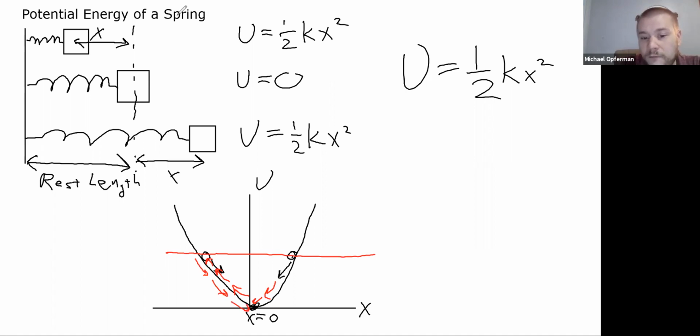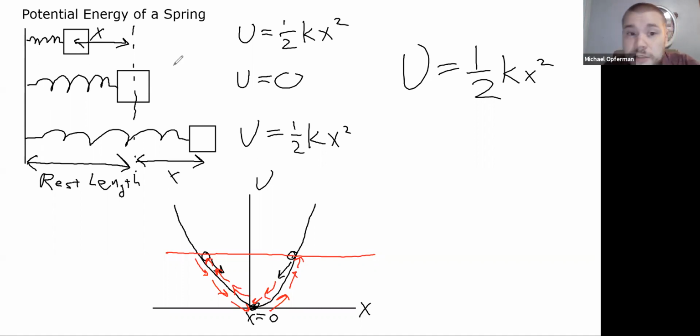And so it will roll back and forth around the minimum of the potential energy. And this is the real life equivalent. This is when if you pluck a spring, what's going to happen to it is it'll bounce back and forth like this. It'll oscillate back and forth. So that's what this behavior represents in the potential energy surface, the thing rolling back and forth around the minimum of the potential energy.